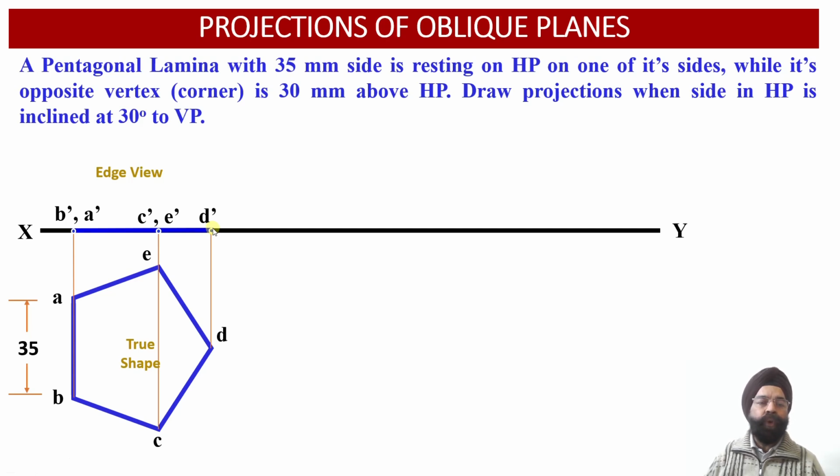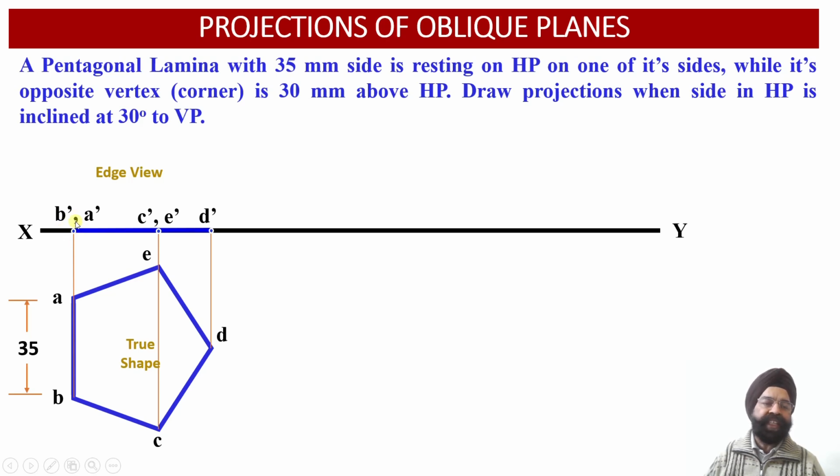now we have to incline this edge view, because we know that this surface of the lamina is inclined with respect to the horizontal plane in such a way that it rests on one of its edges on the ground.